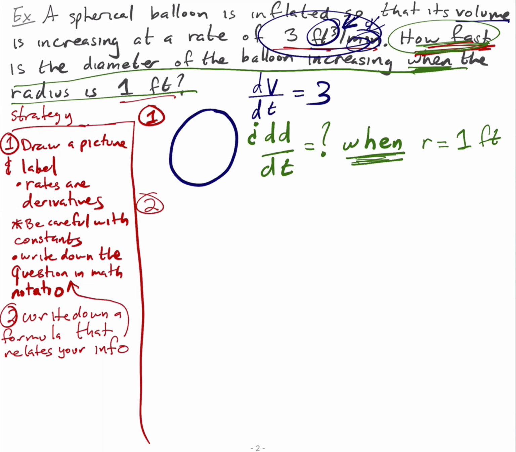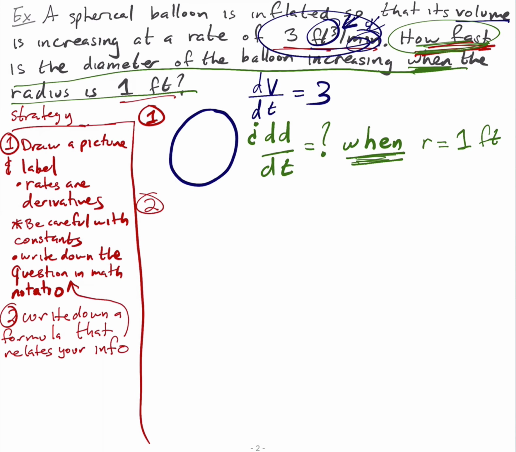We have a sphere. What formulas are related to spheres? Well, we have the volume of a sphere. We have the surface area of a sphere. We have, well, it's a sphere, so it doesn't really have a circumference. But so which one seems more reasonable? We really only have 2 choices.